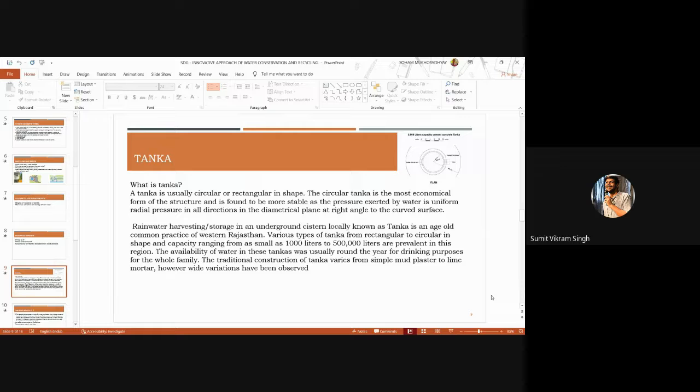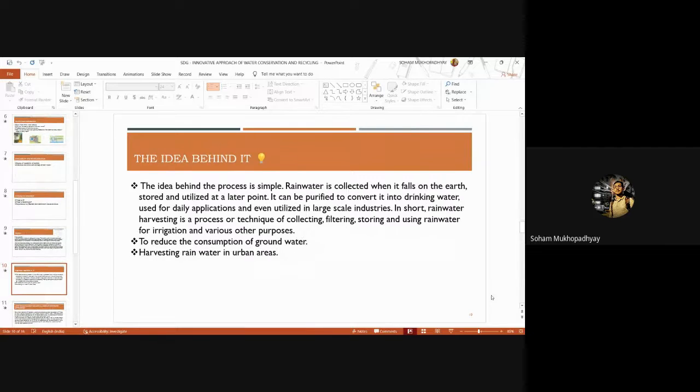Heading towards the benefits of it, the next slide. So the benefits of having tankas: water is used up at a fast rate, and in the end people demand a somewhat more durable source of water. Rainwater harvesting in tanka offers the advantage of private ownership without losing economies of size.